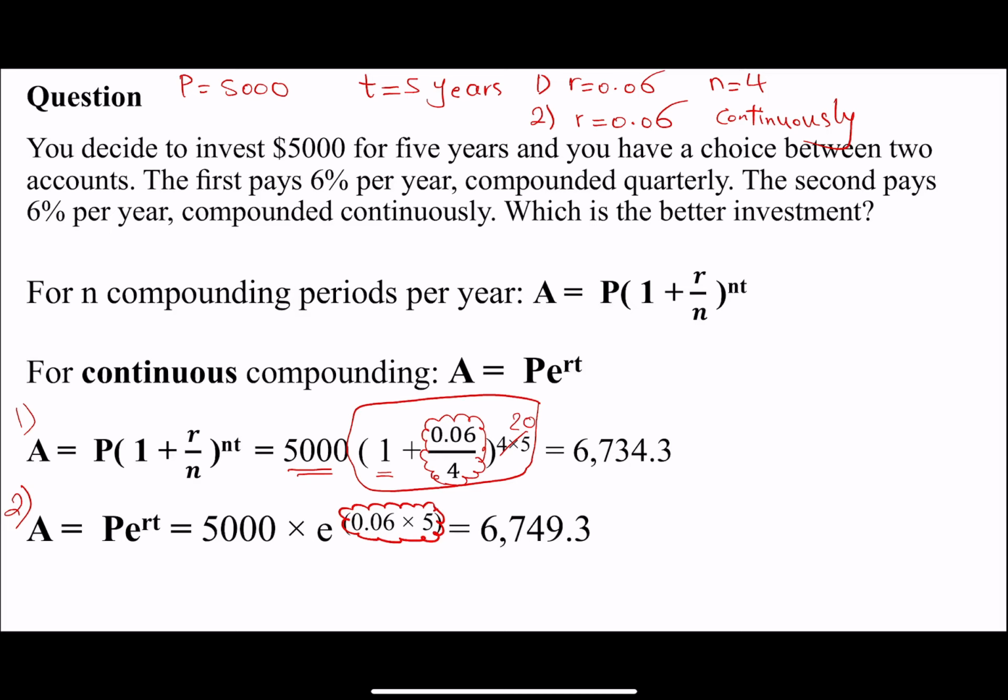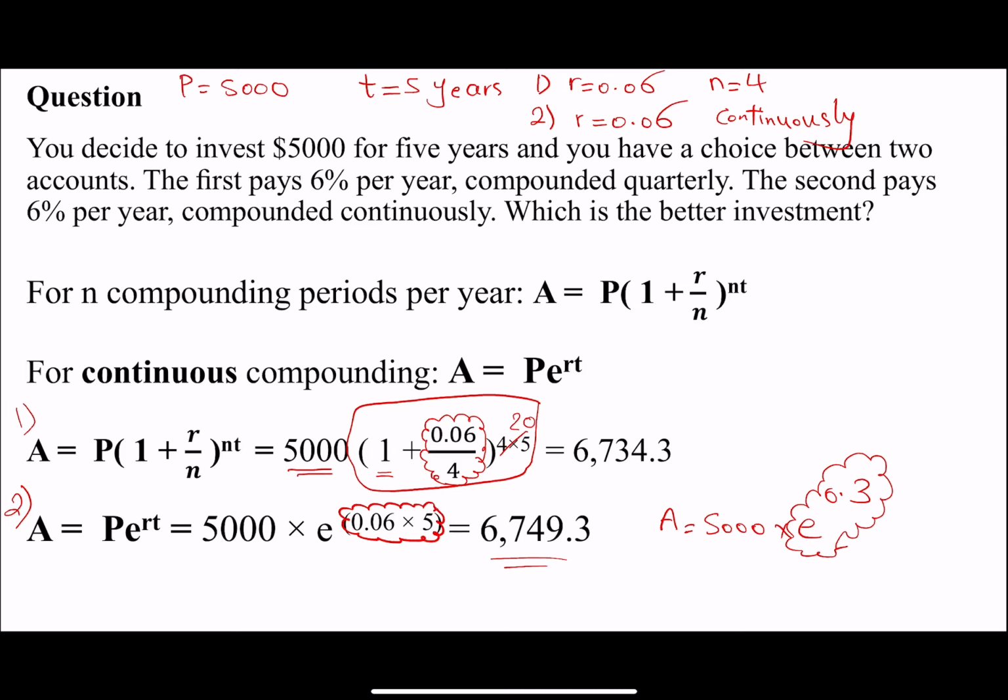So we have A is equal to 5,000 times e to the power of 0.3. First of all, you need to find out this exponent, e to the power of 0.3. Use your calculator, whatever it is, then you multiply the result by 5,000. So we get something around 6,749.3. Here we go.